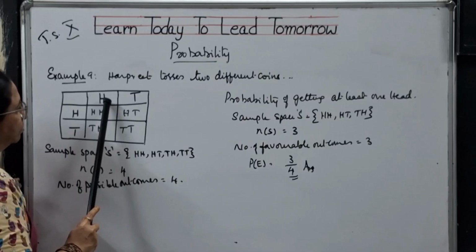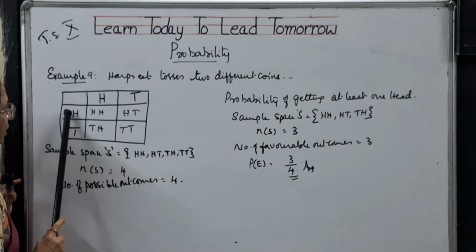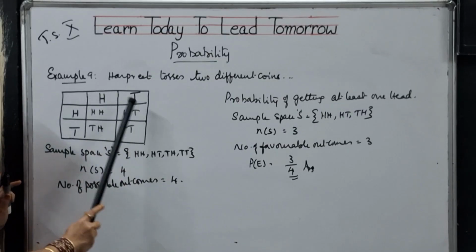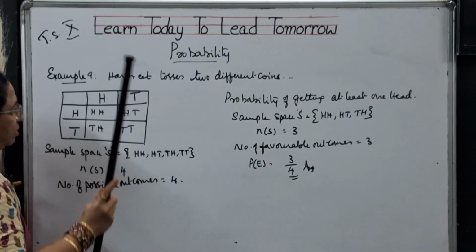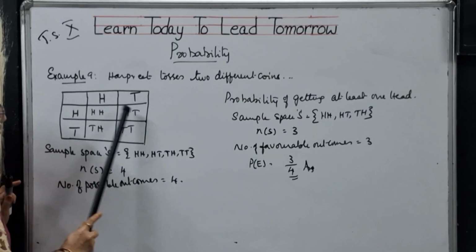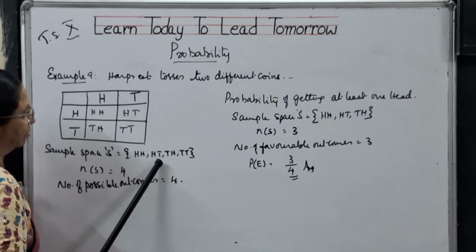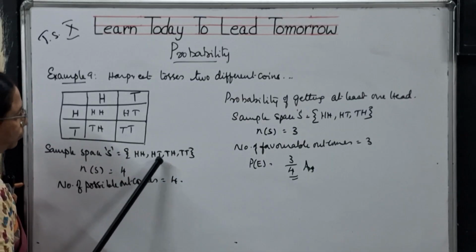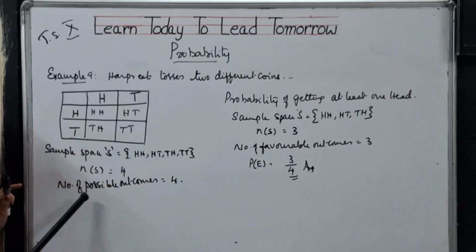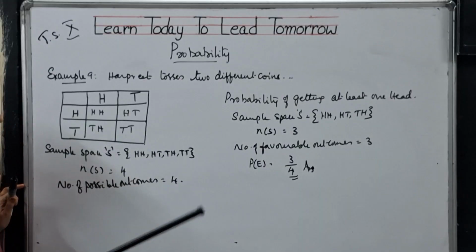When one coin is tossed, head and tail, and the second one, head and tail. So when I draw a checkerboard, I have got HH, HT, TH, TT. That means there are 4 possible outcomes.